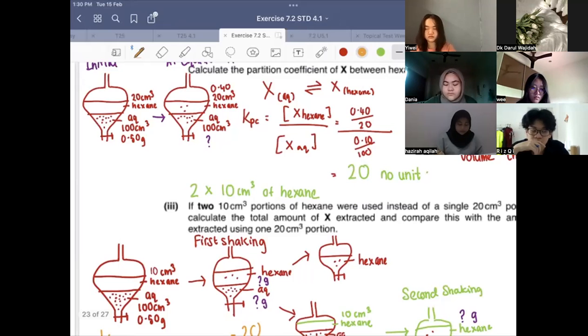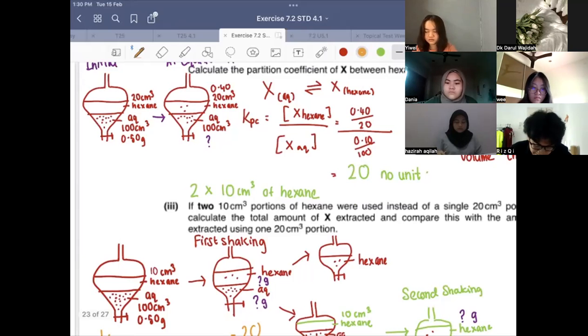let mass, so this is for the first extraction, okay? Let mass of X in hexane be, I wouldn't call it X, say Y, okay?